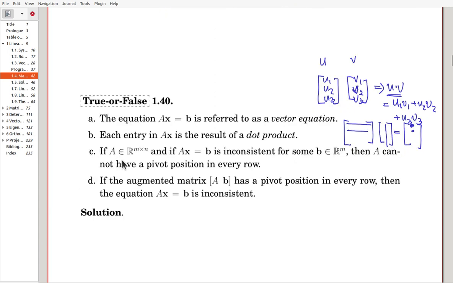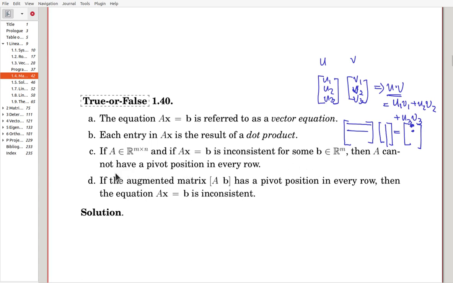If A is in R m by n, and if AX equals B is inconsistent for some B, that means for some choice of B the linear system has no solution, then A cannot have a pivot position in every row. Is it true? Yeah, it must be true.